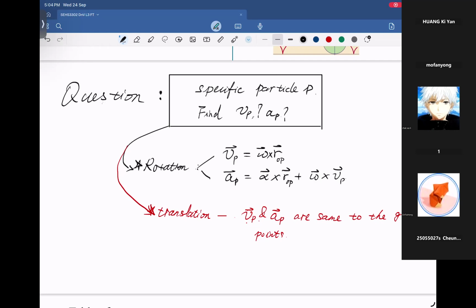And what we care about today is the last one, general plane motion. So how do we deal with it?